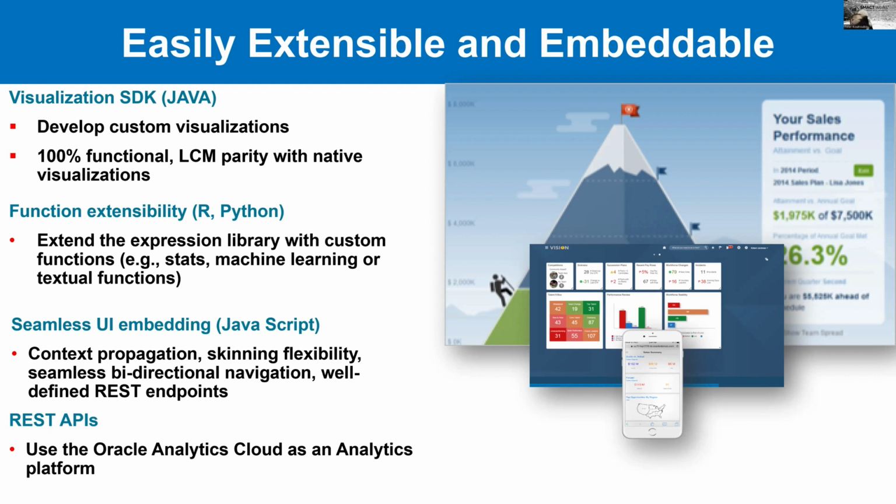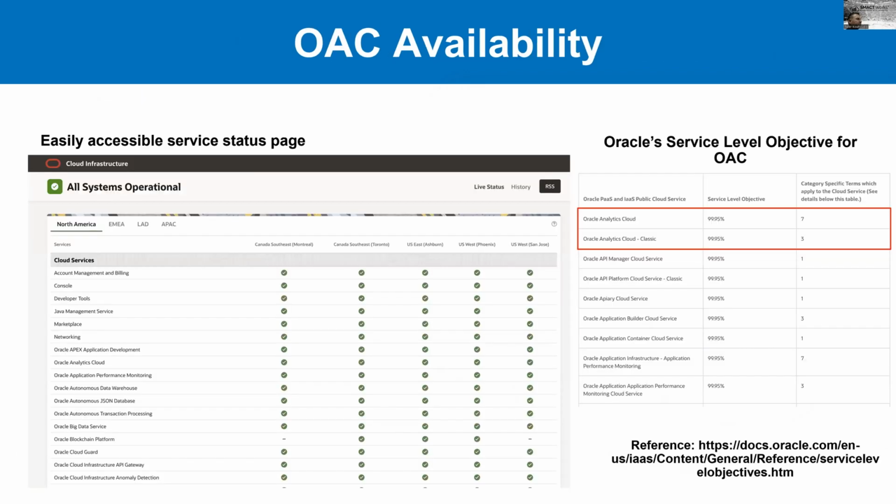You could train models. You could embed JavaScript with functions within a particular visualization versus functions that are available to all the users. There are also REST APIs that are available with OAC as an analytics platform that can grab data for you, that can provide functions for you.